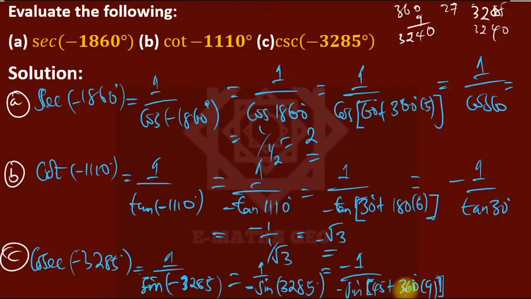So this is just minus 1 over sine 45. Now sine 45 is 1 over root 2, so we have minus root 2. So minus 1 over 1 over root 2 is minus root 2. So that's the answer. That's how we use the periodic identity.